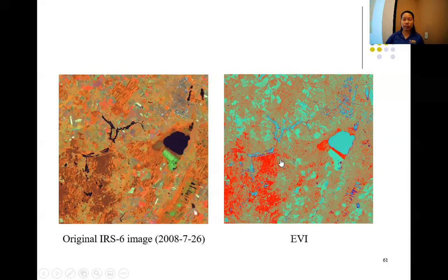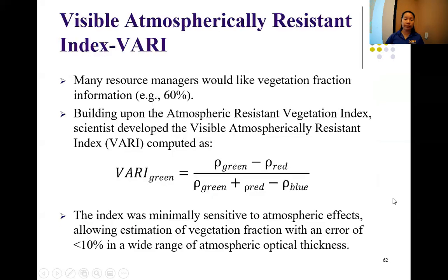Red indicates the vegetation area. And then the next one is called the Visible Atmospherically Resistant Index, VARI. According to the name, they also enhance the atmospheric correction part.